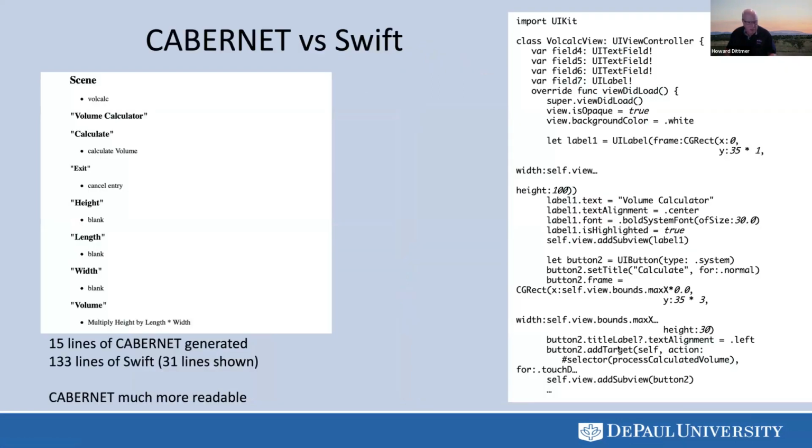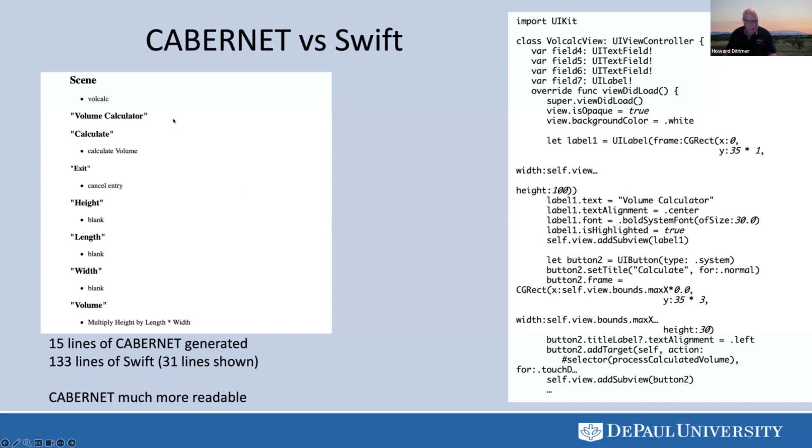So one of the goals was to make the program simpler or more concise. And in fact, here is a simple volume calculator that takes Cabernet 15 lines to describe, and Swift for the same application is 133 lines of code, and obviously much more readable.